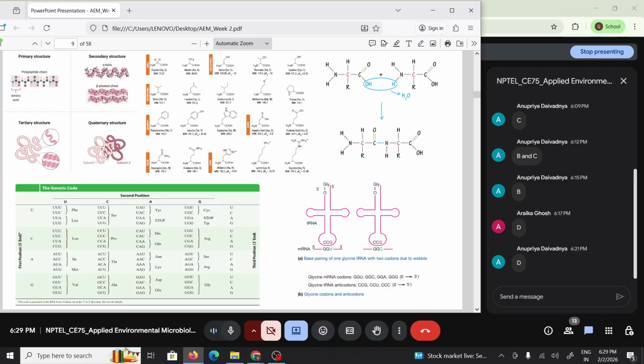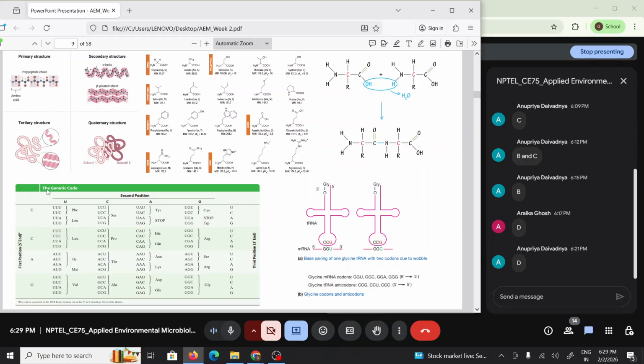In the secondary structure, you can generally classify it as alpha helix and beta pleated sheet, and you have some bonding that occurs between amino acids. So it gives some helical or sheet kind of structure. And then based on the nature of the amino acids that are present, bonding can happen apart from hydrogen bonding, such as van der Waals bonding.